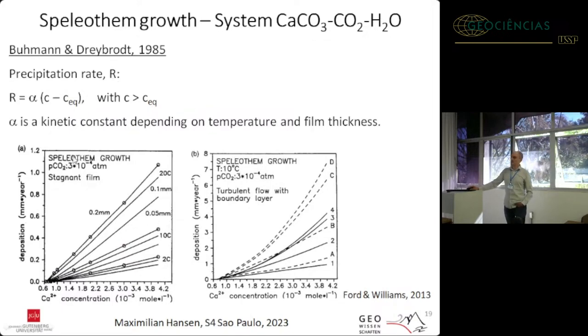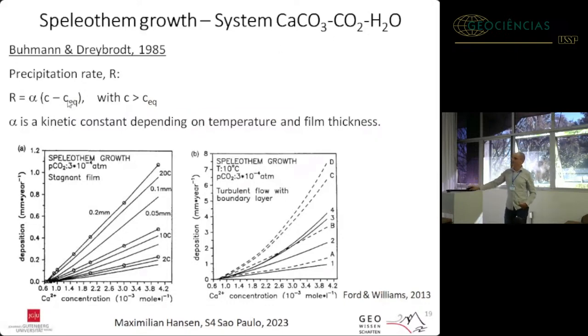So this will be the precipitation rate for solution films or for water bodies, and the alpha here is a kinetic constant, which depends on the temperature and the thickness of the water layer above a speleothem or above a host rock or a flowstone or whatever.